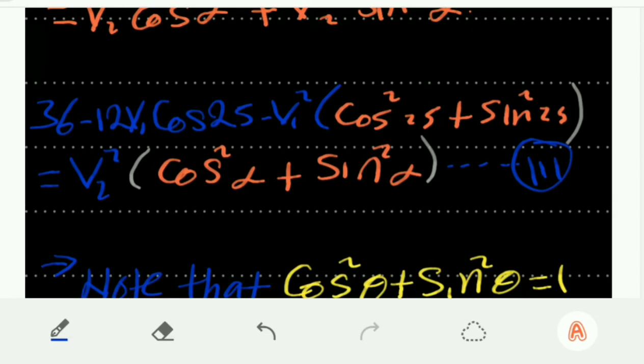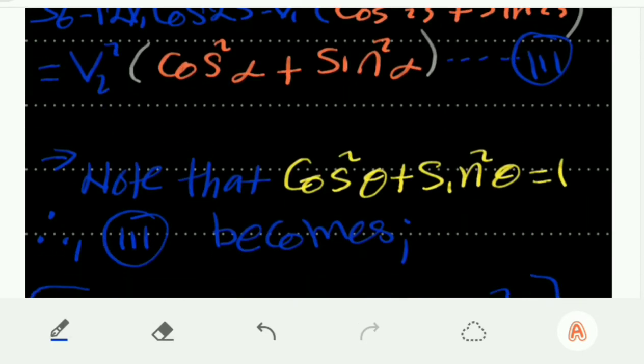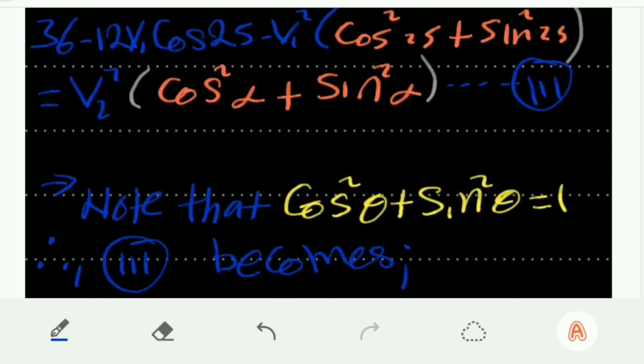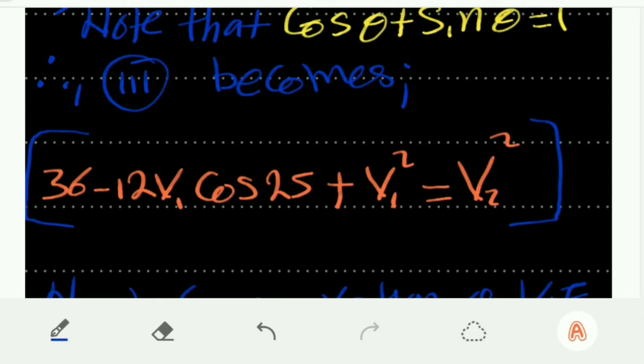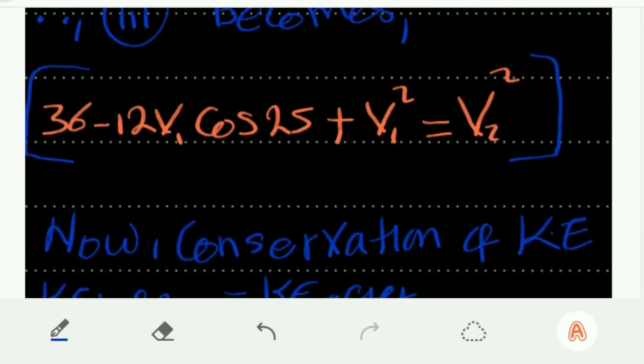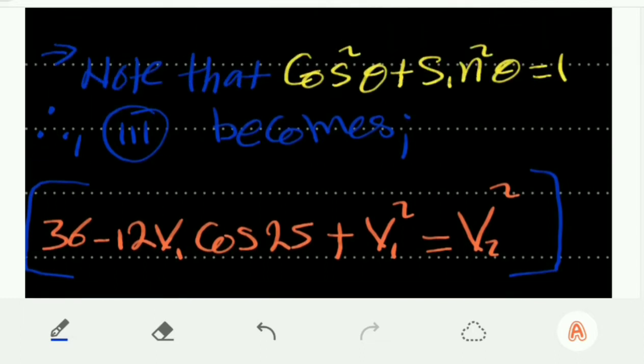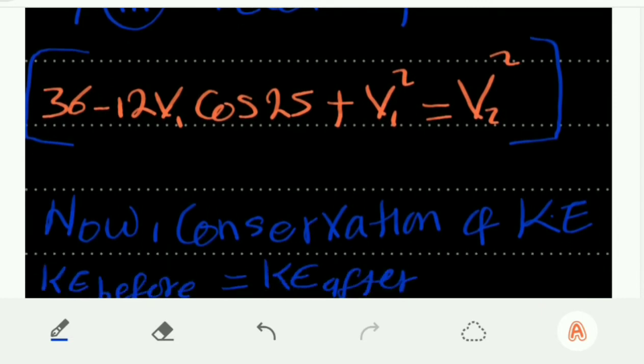So you simply replace wherever you see this identity with a 1, and we remain with this right here. Now we have squared both equations and added them. After adding, this is our equation 3.